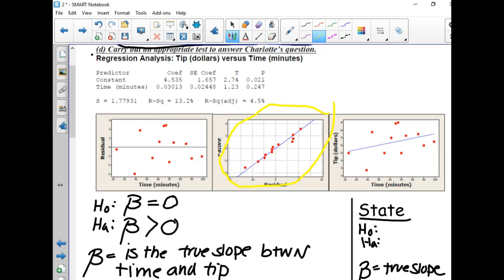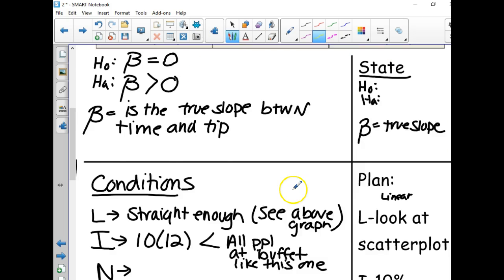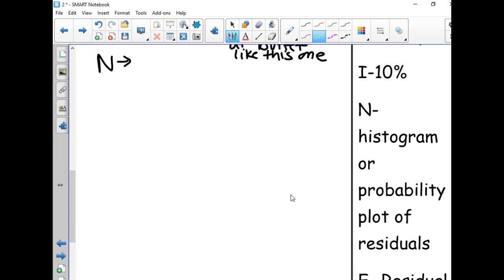Okay? And what you want with this probability plot is you want it to be straight enough. Is it straight? It's straight. So, probability plot above is linear or straight enough.